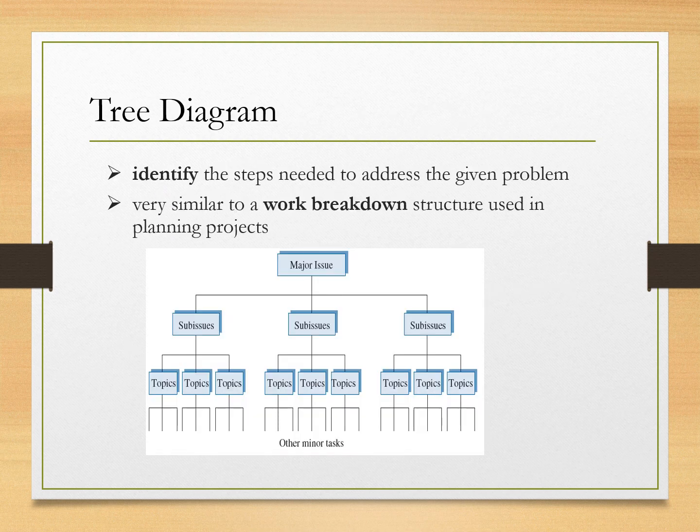It's the tree diagram, and this one is going to feel pretty intuitive once you see it in action. The tree diagram helps us identify the steps needed to address a given problem or achieve a specific goal. And if you have taken a project management course, this will look very similar.